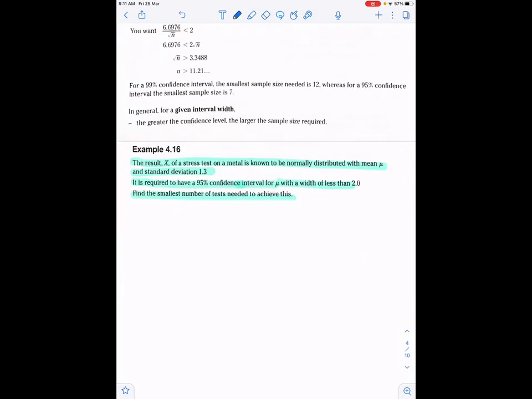We know that the width is 2 multiplied by z times standard deviation upon square root of n. For a 95% confidence level, let's find the value of z. If it is a 95% confidence interval, then 5% is left, so 2.5% on each side. That means this whole area is 97.5% or 0.975.